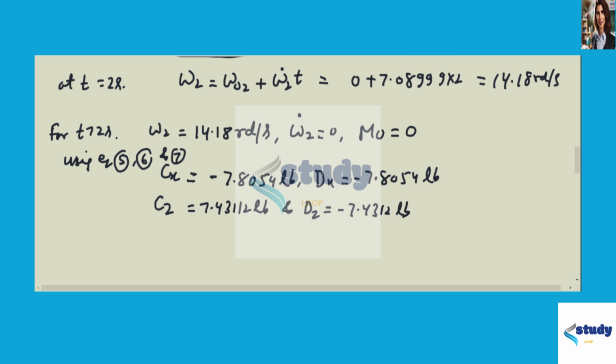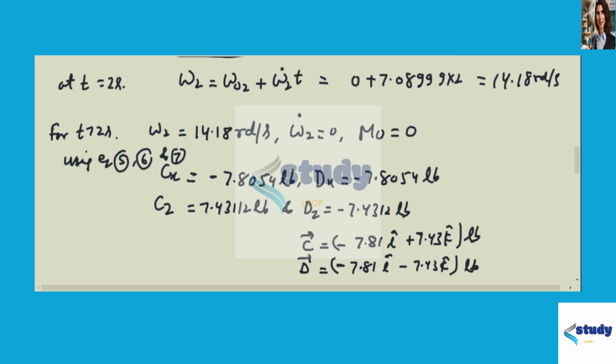So we can write the dynamic reaction at C as minus 7.81 i cap plus 7.43 k cap pound, and D is 7.81 pound i cap minus 7.43 k cap pound. So this is the answer for this problem.